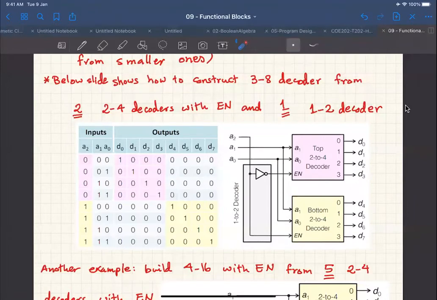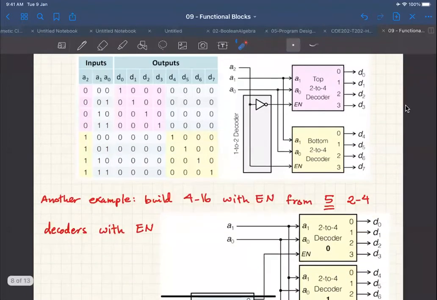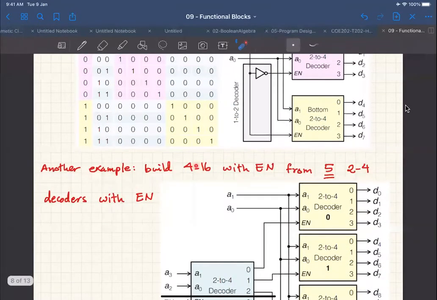This inverter here with this line is nothing but a 1 to 2 decoder. So basically you used a 1 to 2 decoder and two units of 2 to 4 decoders to construct a 3 to 8 decoder. And then we showed another example to construct a 4 to 16 decoder with enable from 5 2 to 4 decoders.